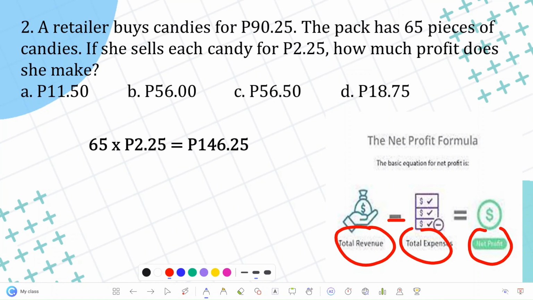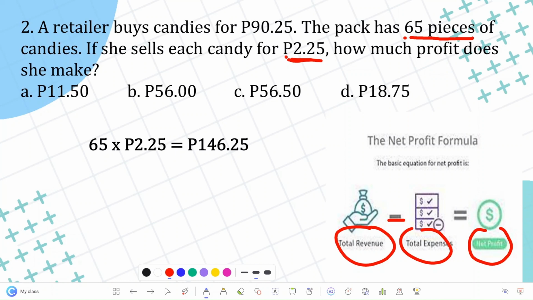Dito, kailangan compute nyo muna kung ano ang gross na sales niya. Dahil sabi niya dito, ang isang pack ay may 65 pieces, tapos binenta niya sa 2.25. So, i-multiply mo lang ang 65 by 2.25 and you will get 146.25 pesos.